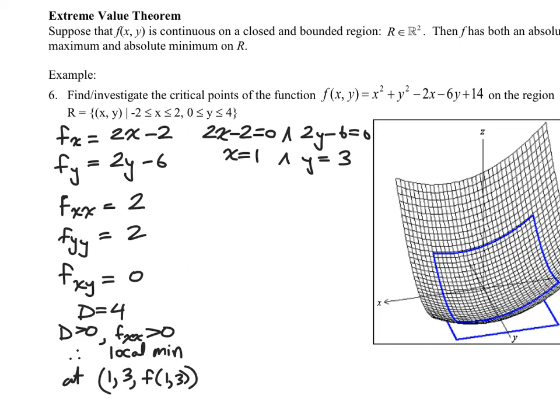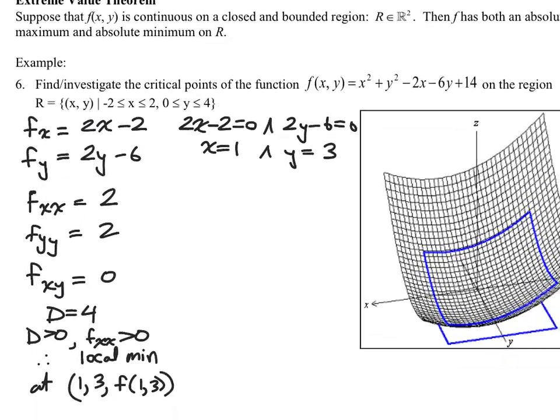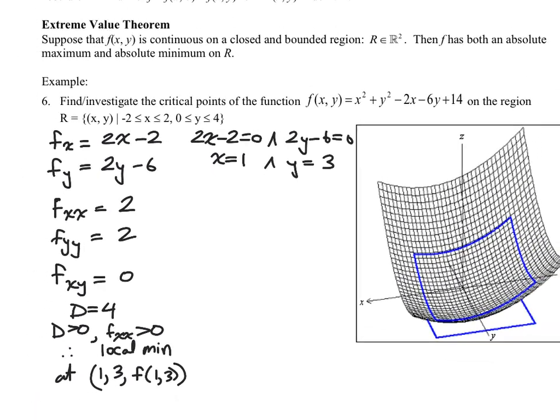But we have to go further because it's not the objective of the question to identify local max. Of course, I mean, the directions are very similar, but it says find and investigate the critical points of the function on the restricted interval, right? And in fact, the instructions are actually kind of bad. It should be find the absolute extrema.